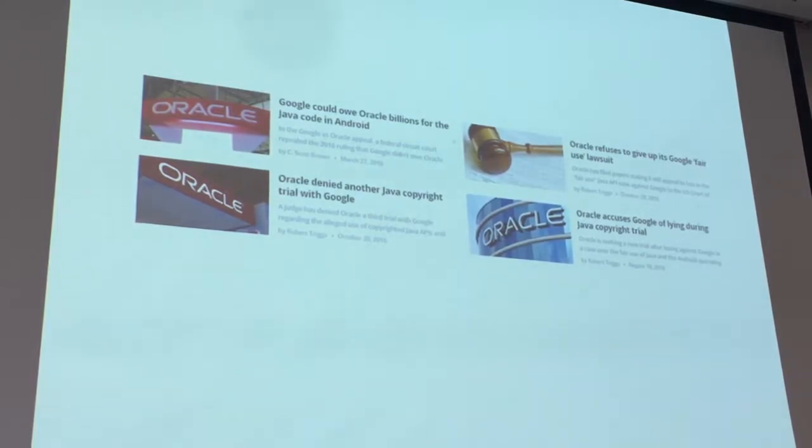So there are a lot of things about copyright issues. Copyright is a big thing in the tech industry. That's why we have a lot of new laws coming into place to try to cover things.